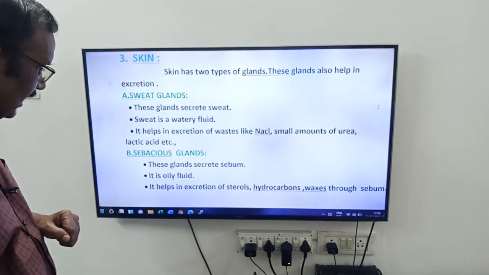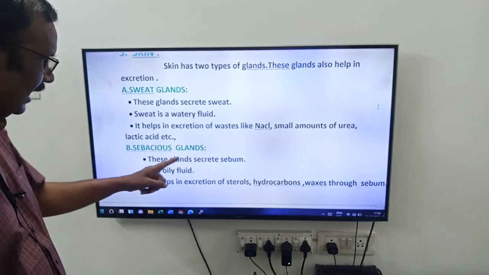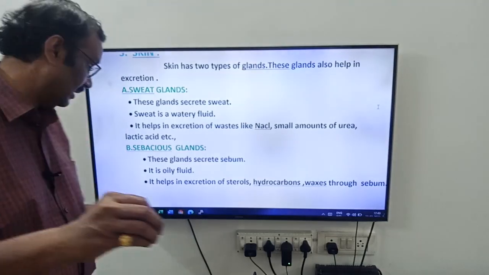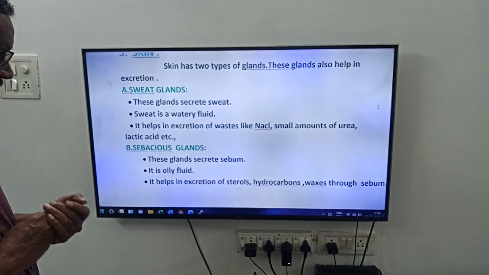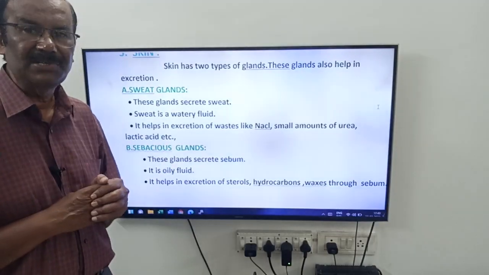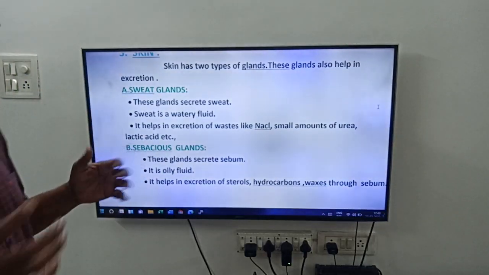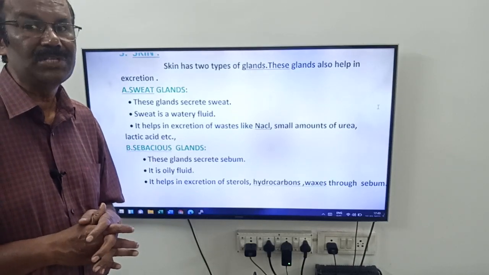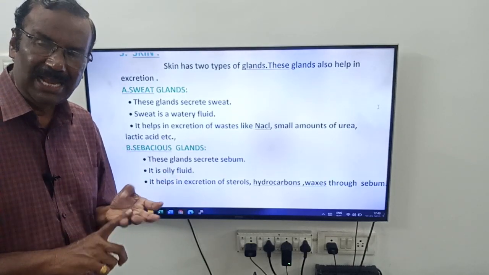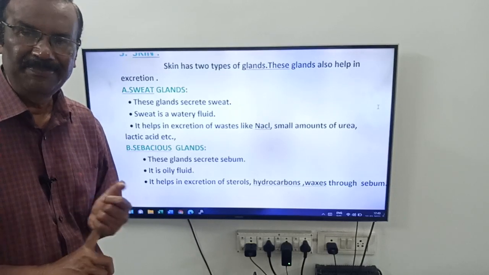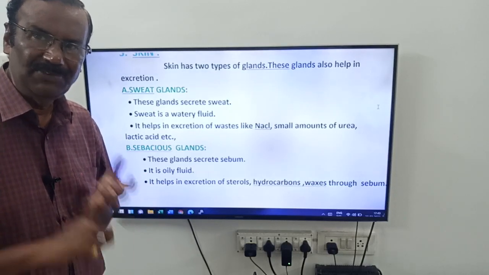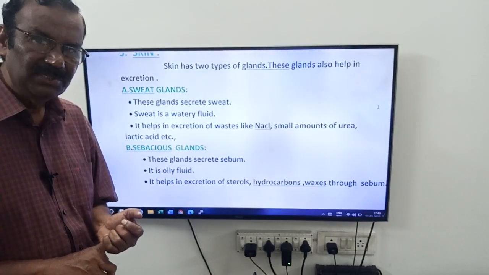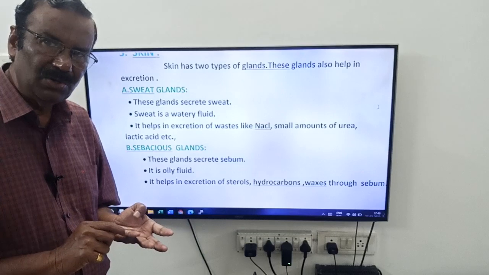Now come to sebaceous glands. These glands secrete sebum. Sebum is an oily fluid. It helps in excretion of sterols, hydrocarbons and waxes through sebum.